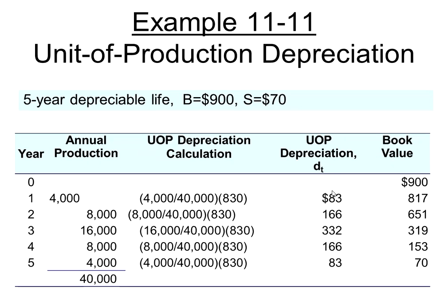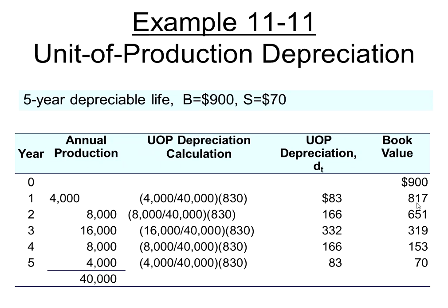These are depreciation amounts, so we're subtracting those from the basis. Book value in year 0 at the beginning is the same as basis, 900, and then we're subtracting 83, so the book value at the end of year 1 will be 817.